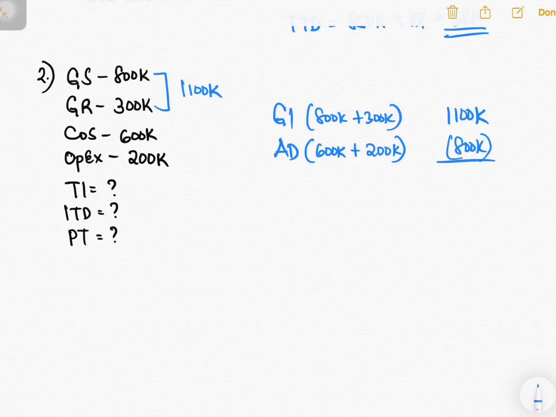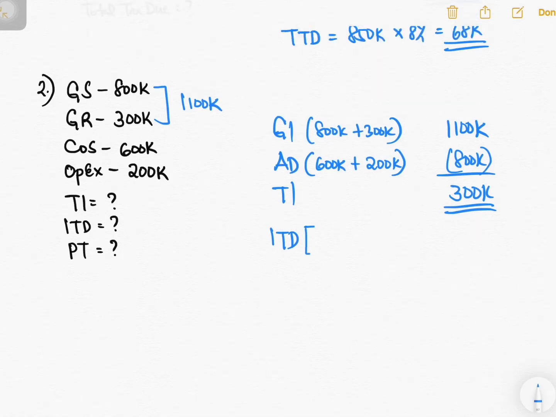What's your taxable income? In this case, it's 300,000. That's your taxable income. Now, what's your income tax due? Refer to the tax table. It is 20% of the excess, starting from 250,000. So, what's the answer here? It's 50,000 times 20%. That's 10,000.